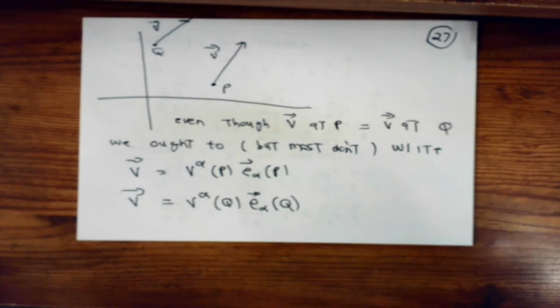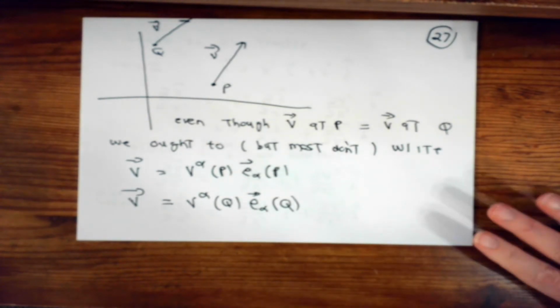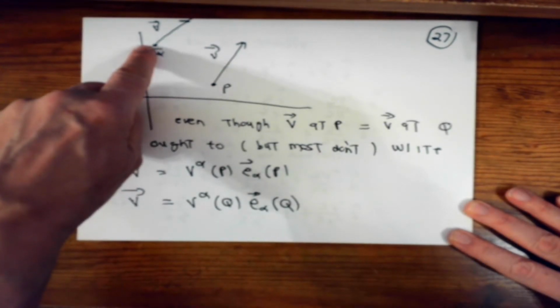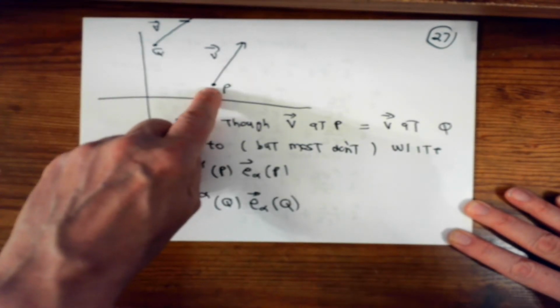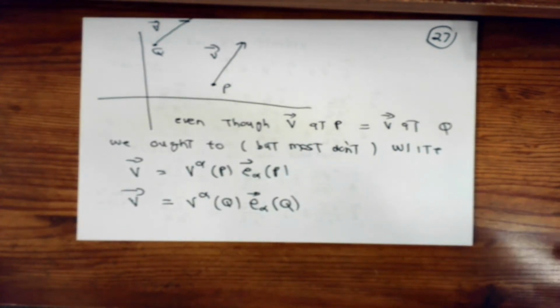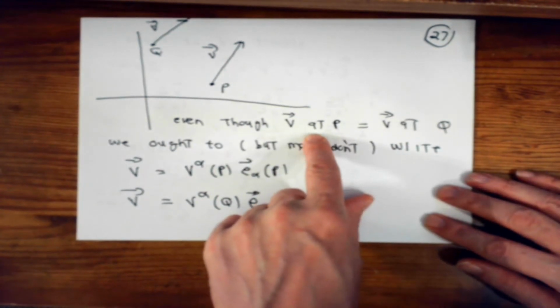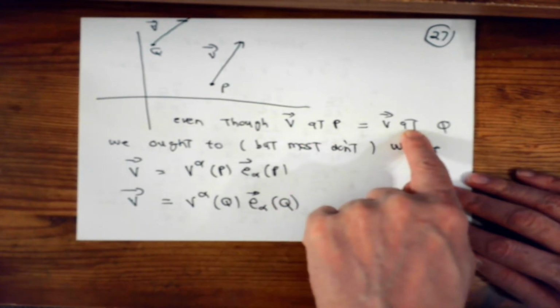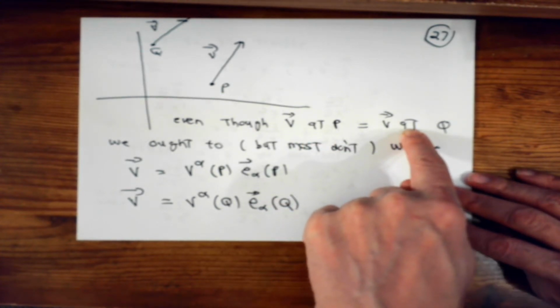Sorry, I can't draw worth anything. One of them, though, has its initial point at Q, and the other one has its initial point at P. But if my drawing were better, you would say, oh yes, parallel, same direction, same vector. Vector v at P and vector v at Q are the same vector.